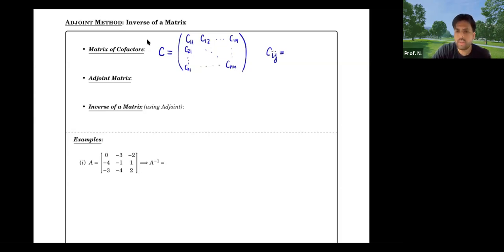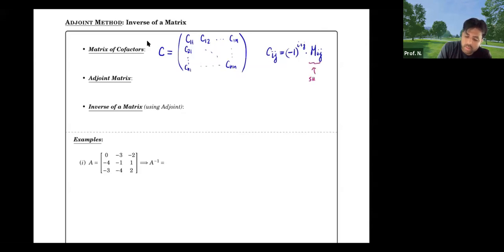You guys remember what the cofactor was? What's the cofactor of a matrix of the entry ij? This is -1 to the i plus j multiplied by the minor ij. And remember what the minor was?